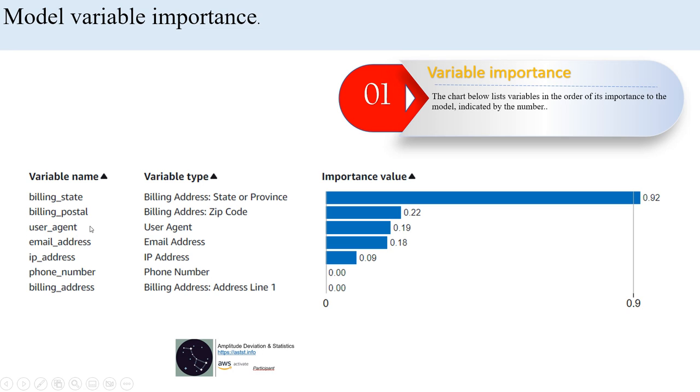So you can see that the type of browser the client is using occupies third place in determining if the transaction is a fraud or not. In fourth place is the email address, and you can be surprised by this. In fifth place is the IP address. So the billing state is more important than the IP address to determine if the event is a fraud or not.